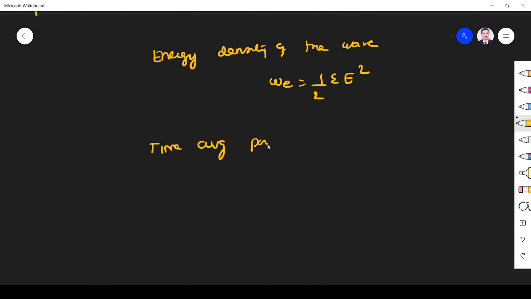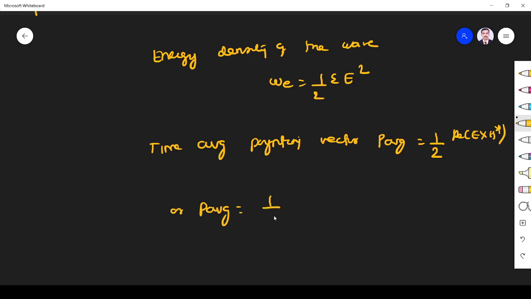From this they ask so many questions in the GATE exam. Time average Poynting vector, P average is equal to 1 by 2 real part of E cross H star, or P average is equal to 1 by 2 E squared by η, where η is equal to E by H. Fine. So this is a very, very important thing we have to know.